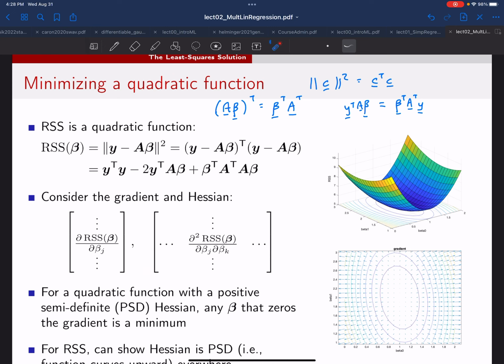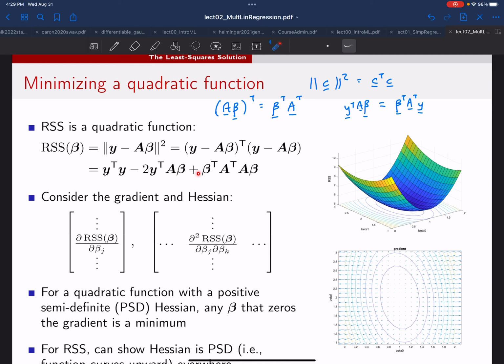It turns out that if you compute that for this RSS, imagine taking the second derivative of this with respect to beta, it goes to 0. If you did it with respect to this, the first derivative would give you something, but then there's no more beta, so when you take the second derivative, that goes to 0.